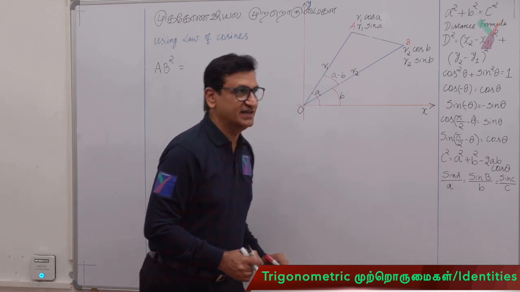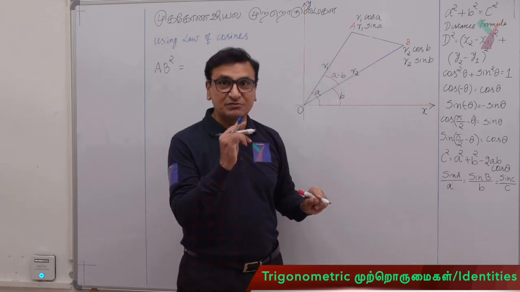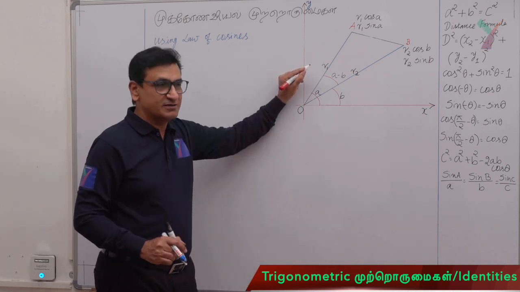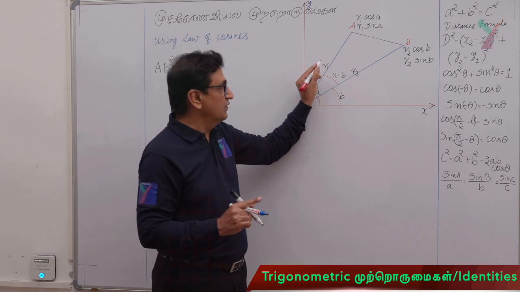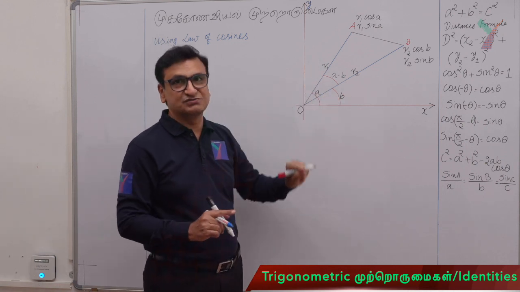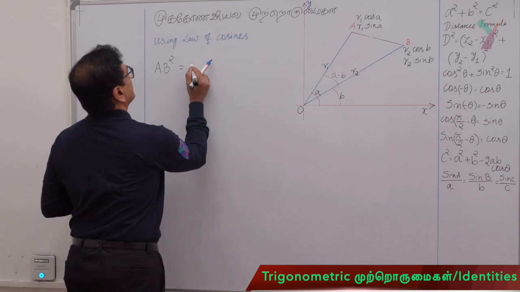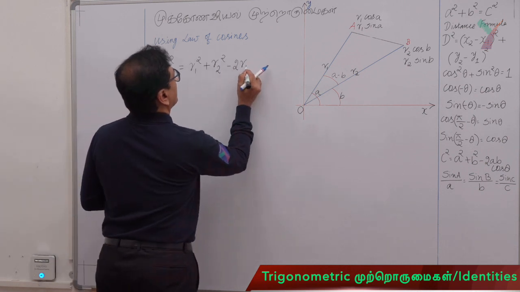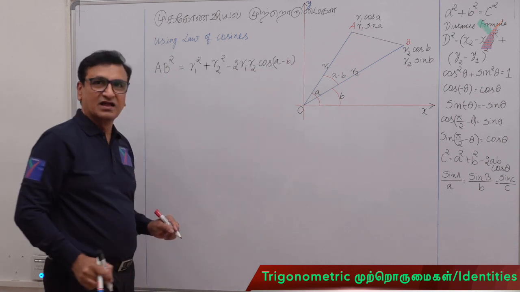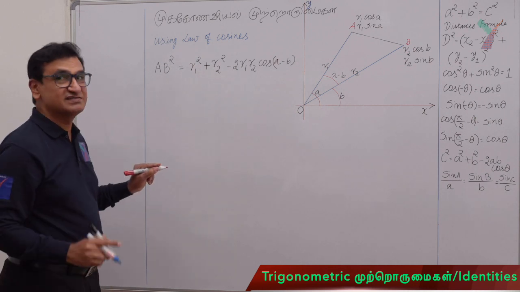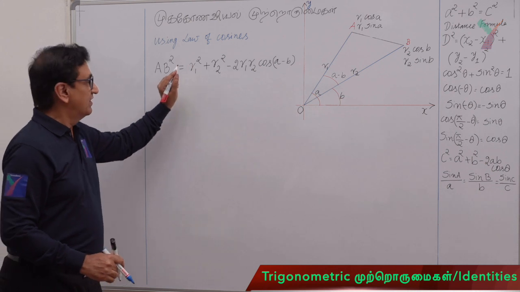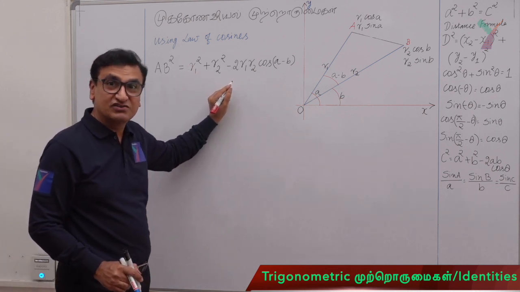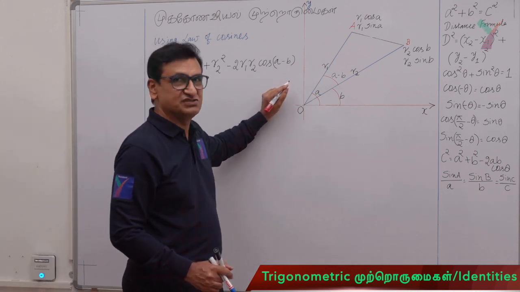Using the rule of cosine, we can write the distance AB as R1 square plus R2 square minus 2R1 R2 cos A minus B, correct? Okay, so AB square will be R1 square plus R2 square minus 2R1 R2 cos A minus B.